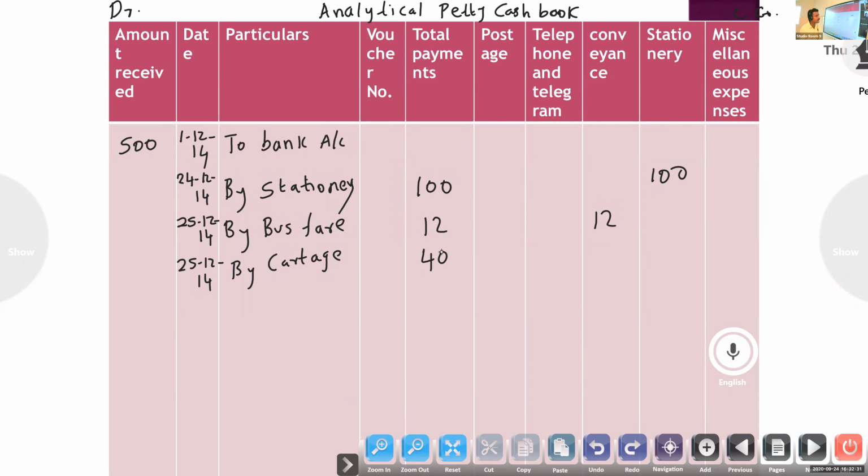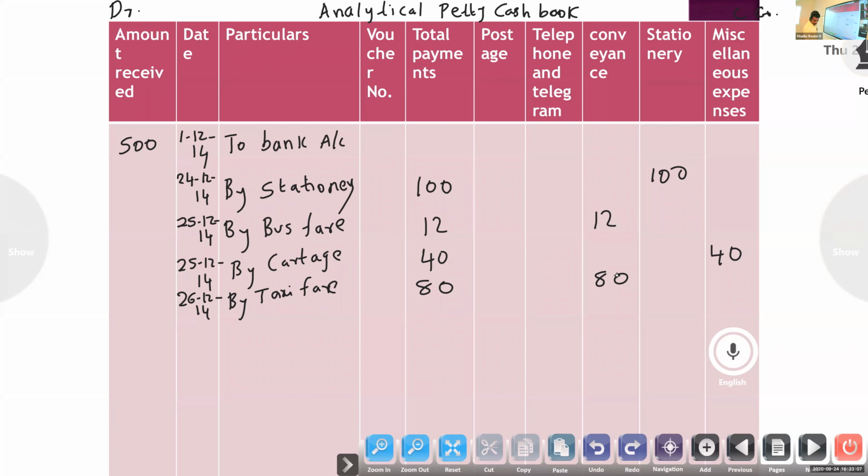Which column? Karthik, which column? Miscellaneous. Yes, miscellaneous. Okay. Next, 26th, by taxi fare. Aparna, taxi fare, which column? Conveyance. Yes, total payment also, conveyance also.